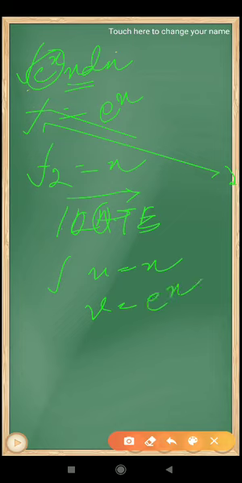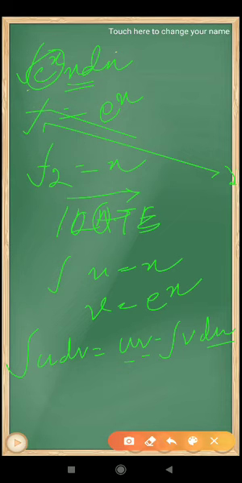Now we know the formula: integration of u into dv is equal to u into v minus integration of v into du. So we need to find what u is, what v is, what du is, what dv is.